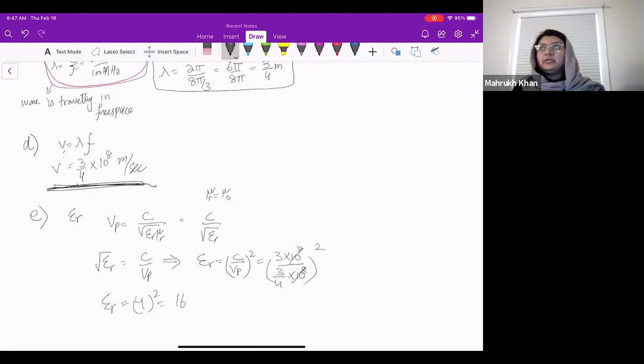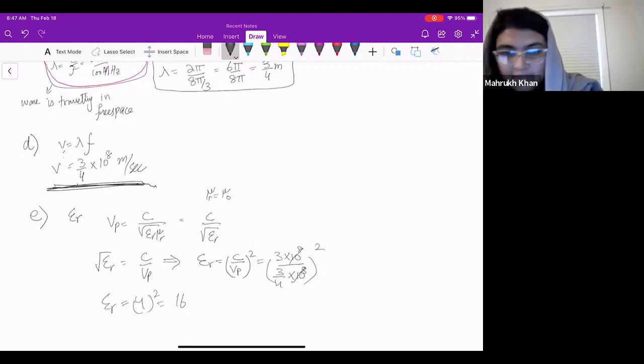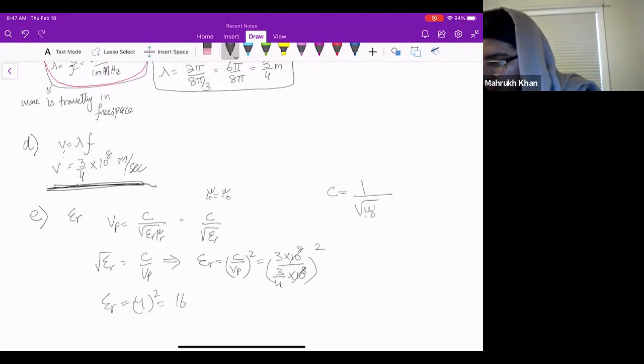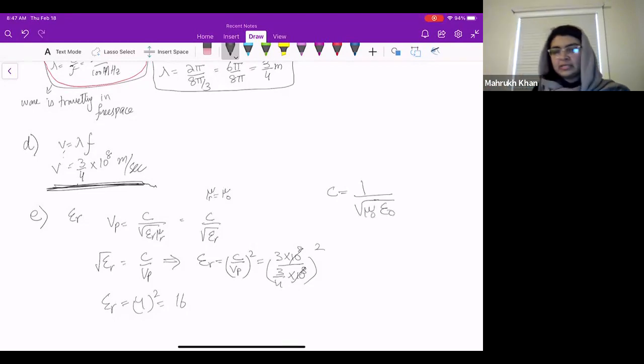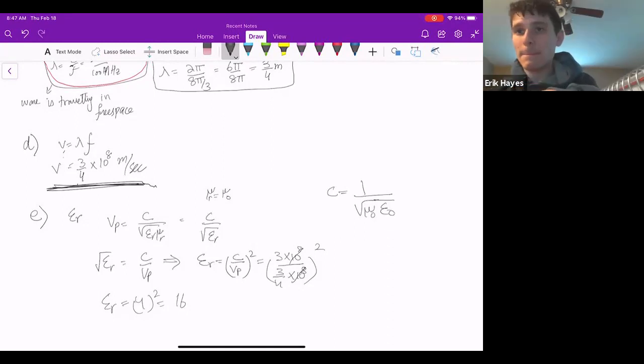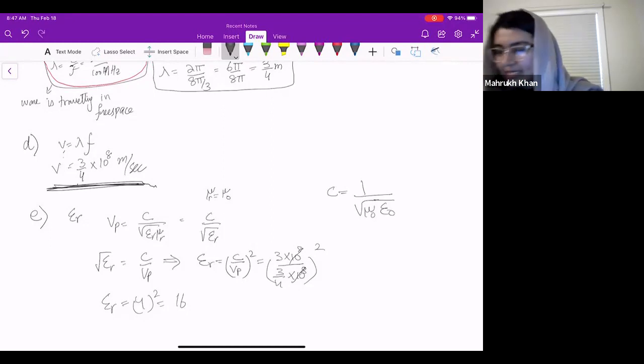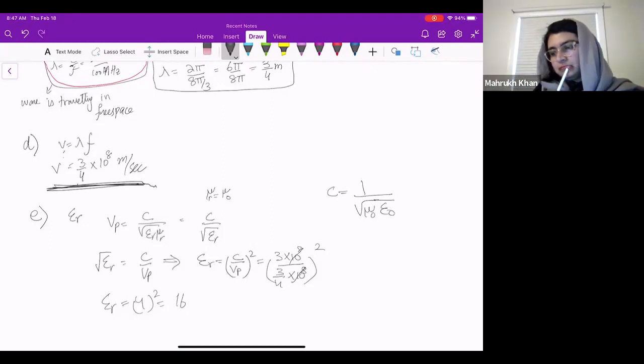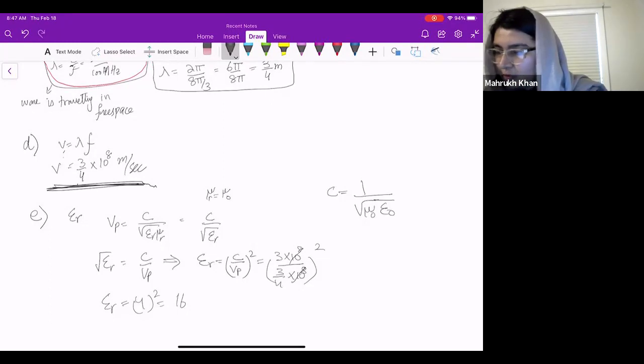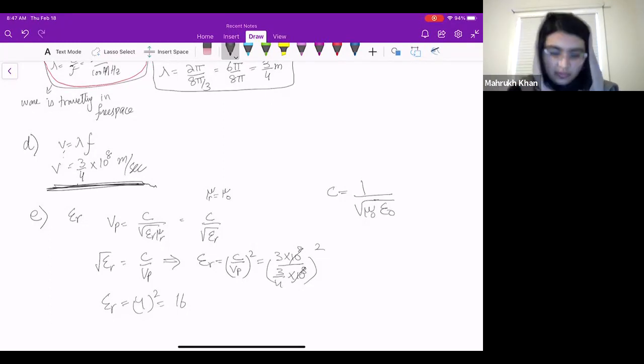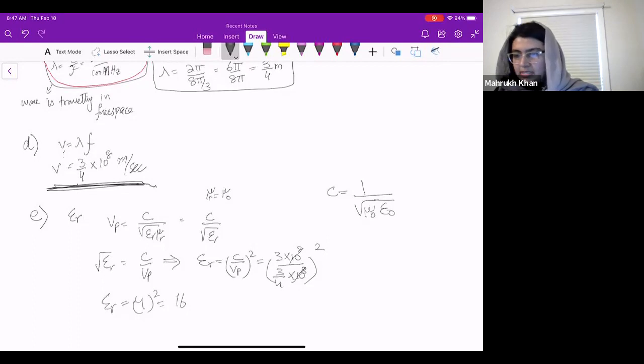Okay, I should tell this. Normally, I don't know whether you come across this thing or not. Your C is equal to this thing. Do you know this? Yes. So that's what it is. Or is it the other way around? I need to confirm it. So can you confirm that your C is 1 over square root of mu naught epsilon naught? Yes, I think it is.